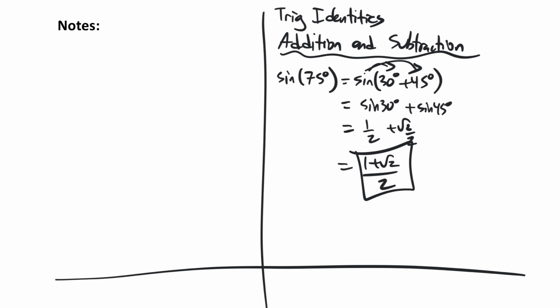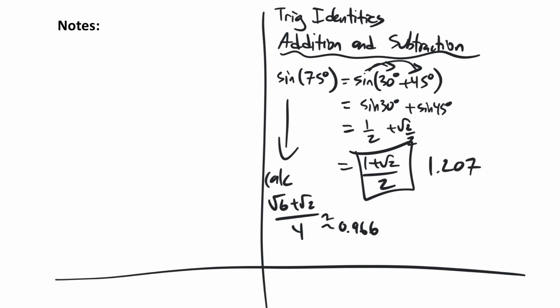But if we check on our calculator, sine of 75, according to our calculator, we have root 6 plus root 2 over 4. Now, again, you might be tempted, oh, maybe these just look a little different. But as a decimal, this is 0.966. The other one is, let me just type it in here, 1.207.